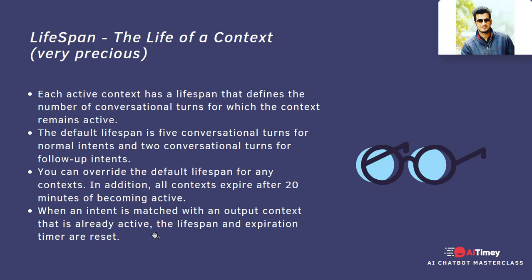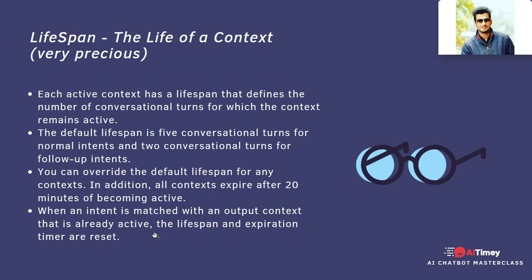When an intent is matched with an output context that is already active, the lifespan and expiration timer are reset. Okay. Let's say you have 5 intents which have the same output context. And now whenever you are triggering these 5 intents one after another, this lifespan gets refreshed, this expiration timer gets refreshed.